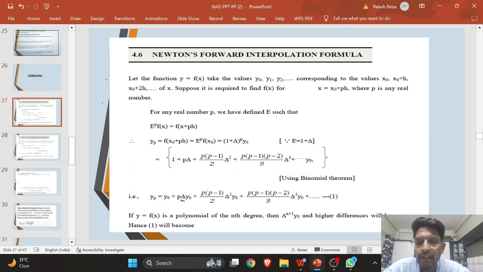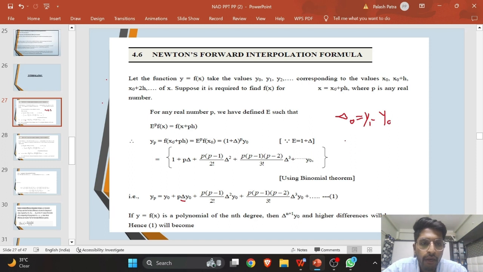Here the delta is also known as the forward difference operator, which is defined as the forward value minus the initial value. That is, if we need to calculate delta y0, that would be equal to y1 minus y0.